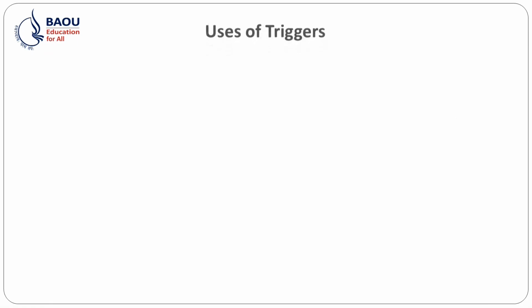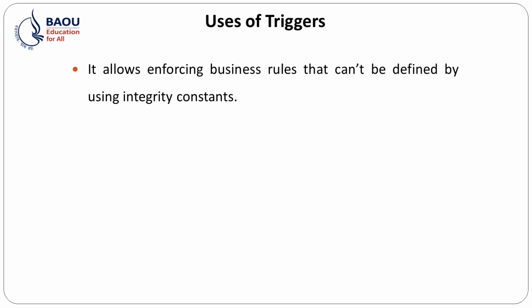Now, the use of the trigger. What is the use of a trigger? It enforces business rules that can't be defined by using integrity constraints. For example, before inserting records into the table, you can display a message to give an instruction to the user.